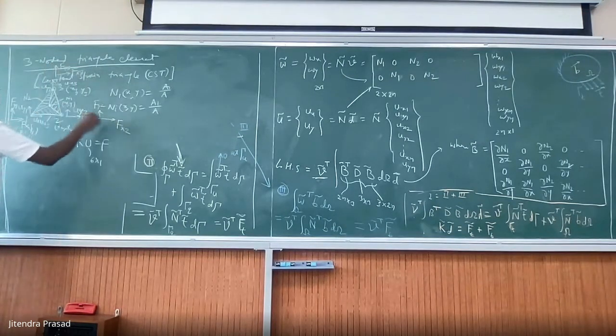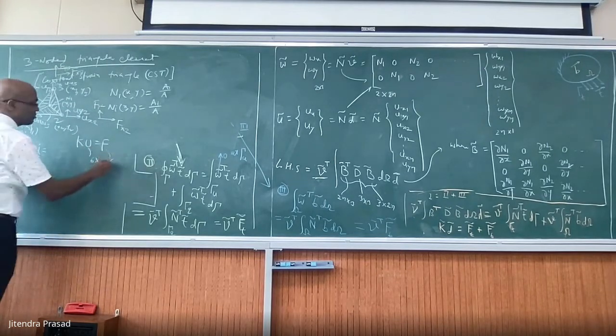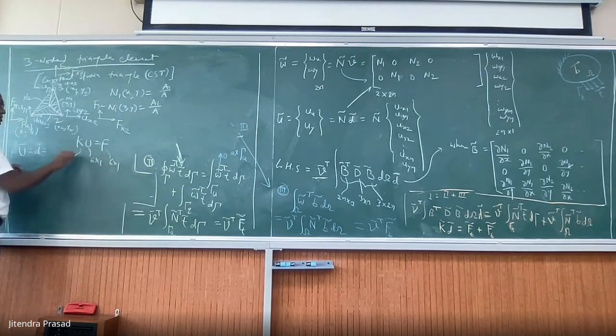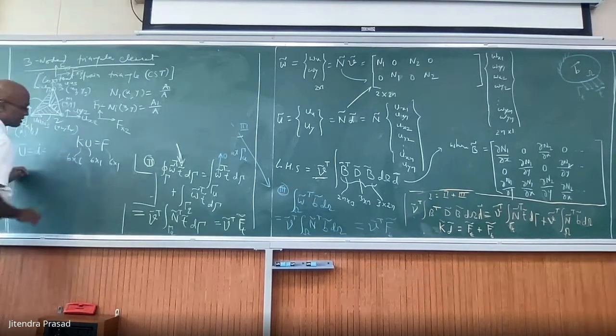These are the forces. So force also is 6 by 1. So K has to be 6 by 6.